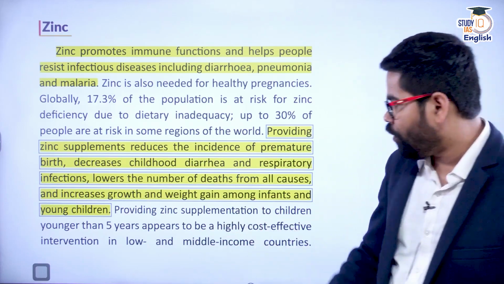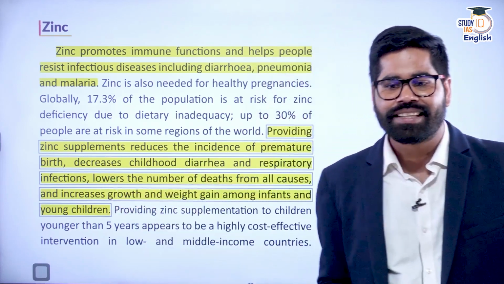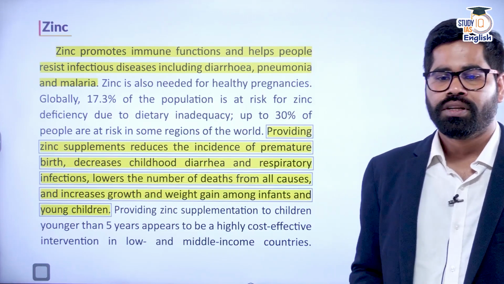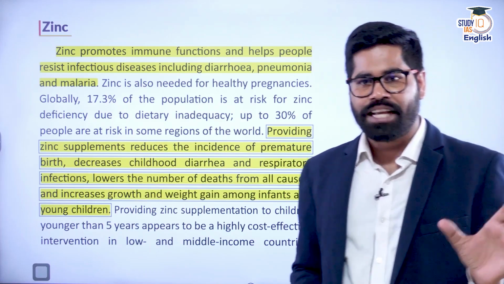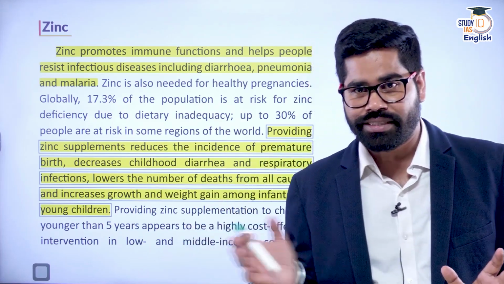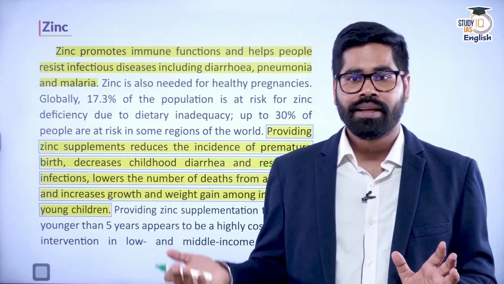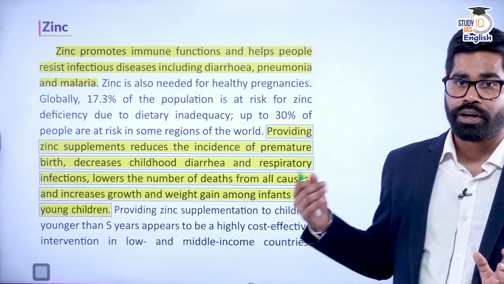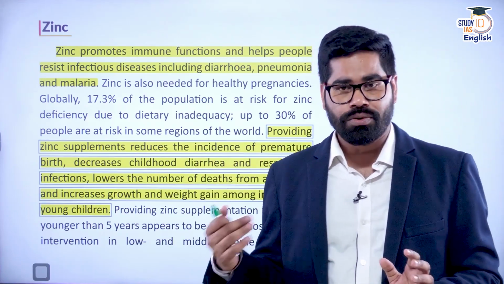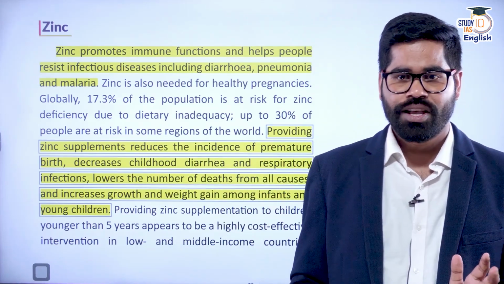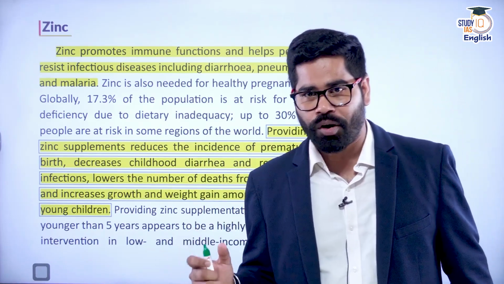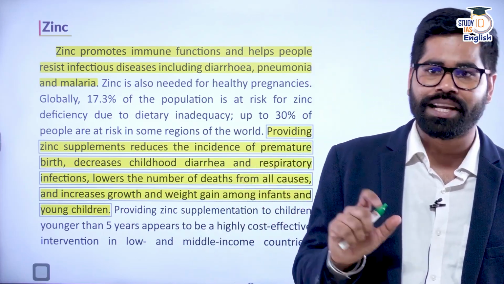It also helps in increasing the weight and growth of infants as well as younger children. So zinc helps child and infant development, is important for pregnancies, and reduces the risk of various infections. This is one of the very important minerals required by our body.